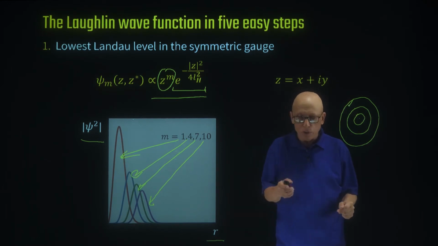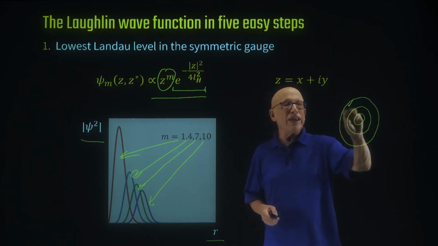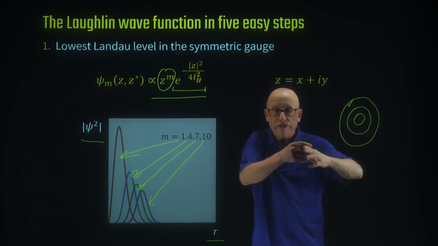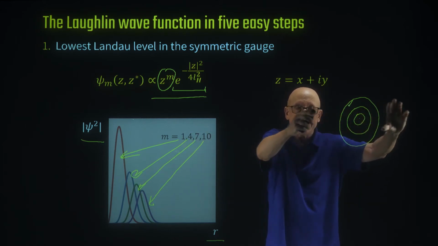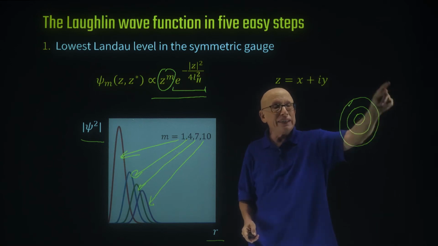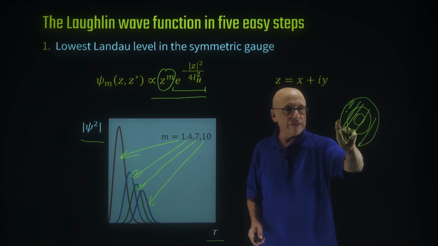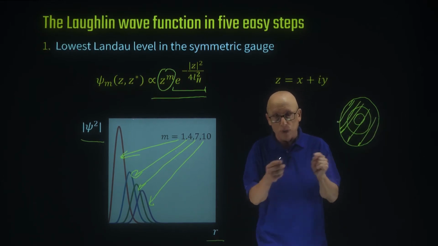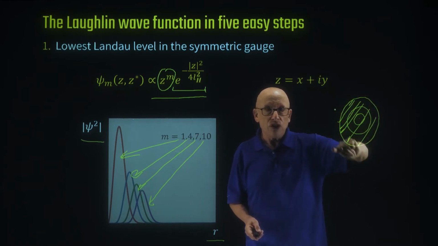And what we are going to do now is look at the nu equals 1 state by filling those states one by one. It's going to be a wave function for many electrons, n electrons, filling all those states one by one, creating a system where we have a uniform electron density that corresponds to 1 electron per flux quantum, which is nu equals 1, but only over a certain range of the plane.